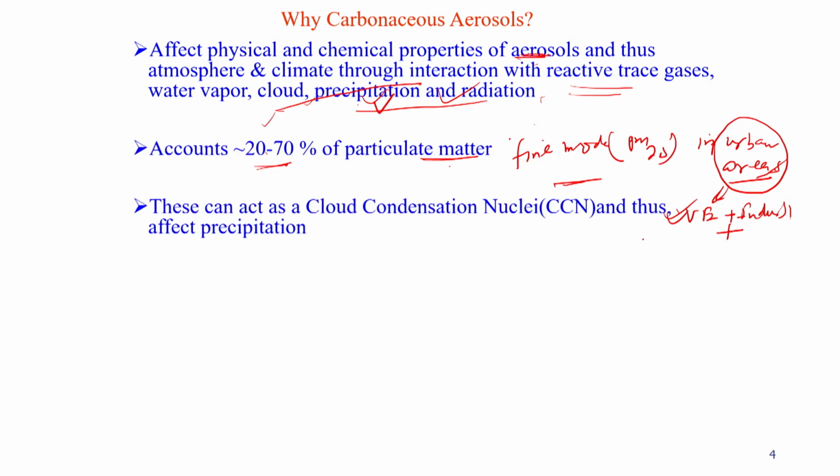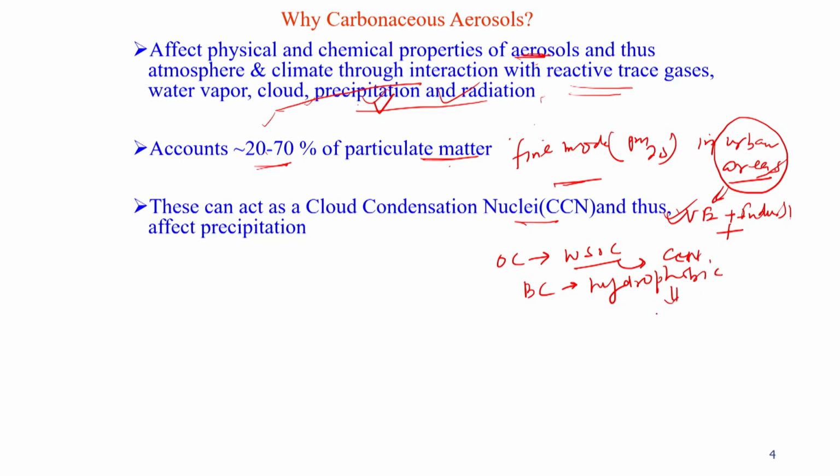Then, not all particles, but organic carbon is partly water soluble, so it is water soluble carbon. This can act as a cloud condensation nuclei, but on the other hand black carbon is called hydrophobic.